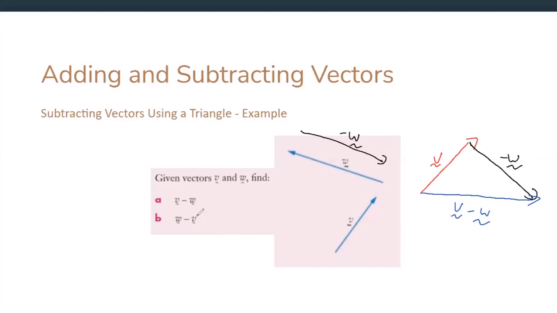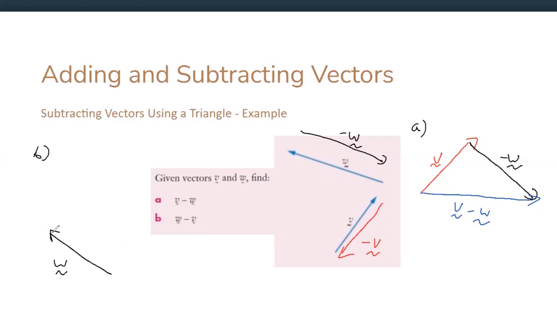And looking at this example now, we can do the exact same thing, except the only difference is now we're going to be working with a negative v, not a negative w. So we'll start with our normal w, and so that will be over here. So this is A, this is B. So we have our normal w, but then using negative v, we see that actually goes down and to the left.